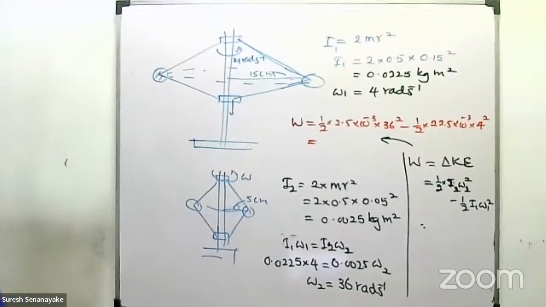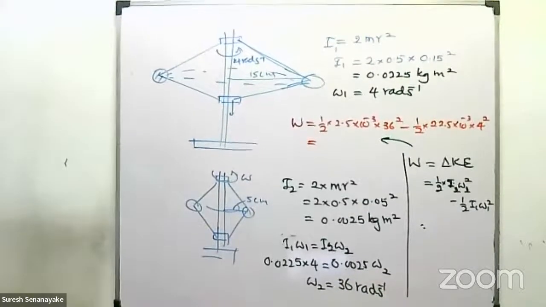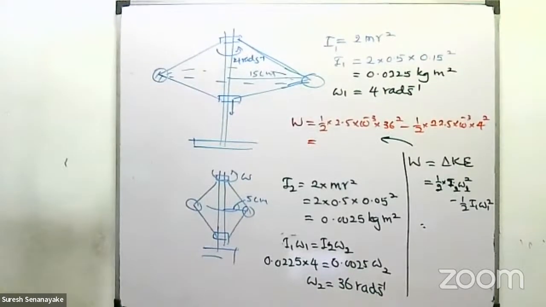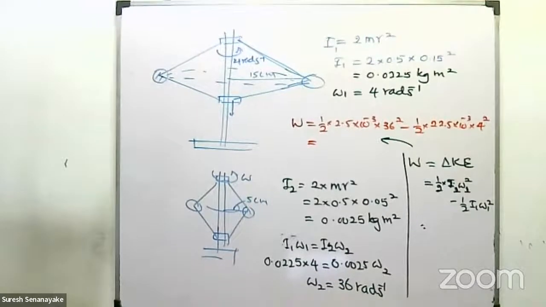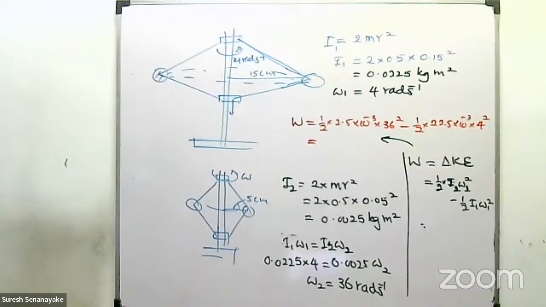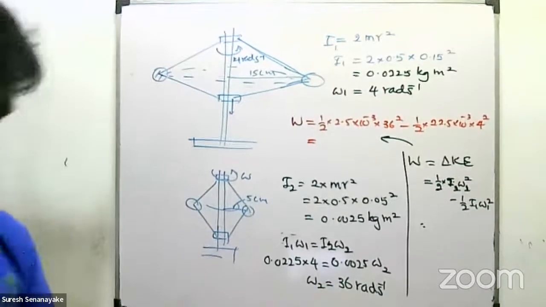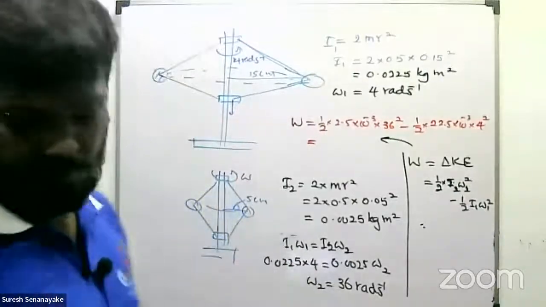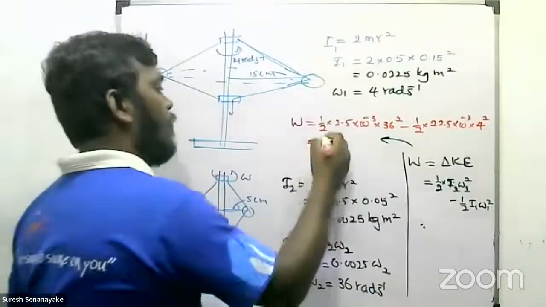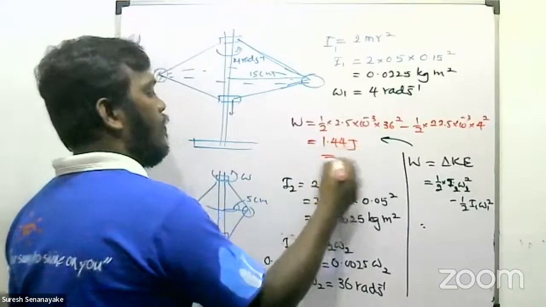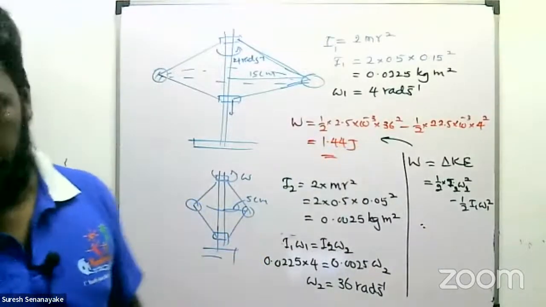Clear? The change in energy equals the work done, because there's no other energy loss. That is 1.44 joules.